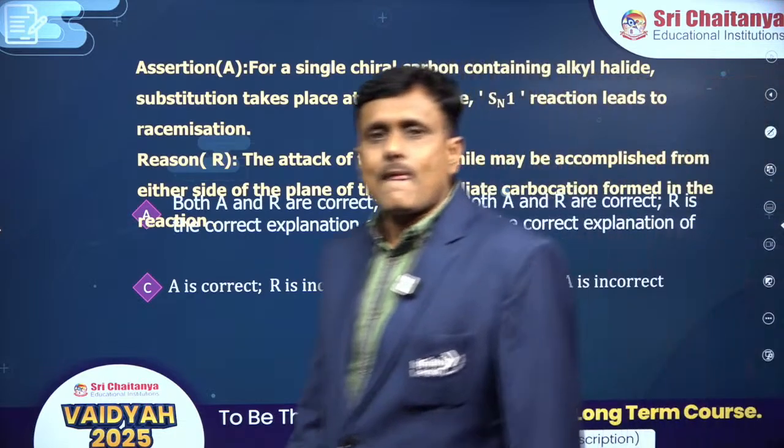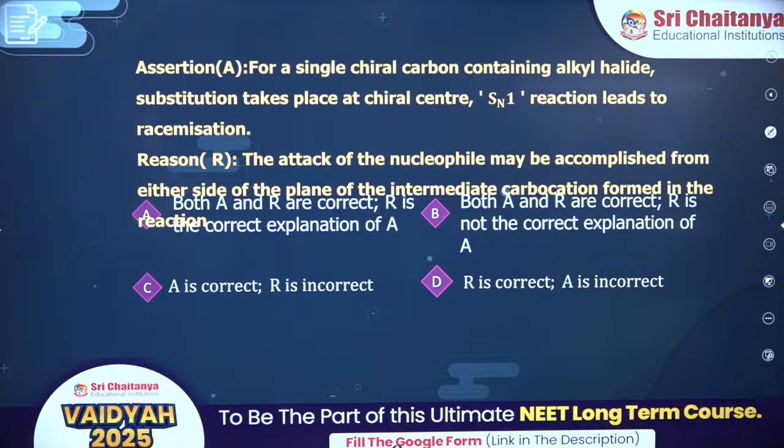Next, optical activity. It's a statement based question, you can easily read. For a single chiral carbon containing alkyl halide, substitution takes place at a chiral center, SN1 leads to racemization. You know that.